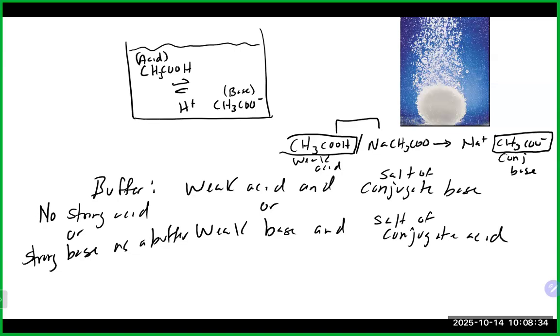Now, it's really important that both of those things are in there in order to function as a buffer to begin with. The reason you cannot, for example, have a buffer that is made out of a strong acid or a strong base. Let's just say we wanted to make a hydrochloric acid, sodium chloride buffer. So this is a strong acid.